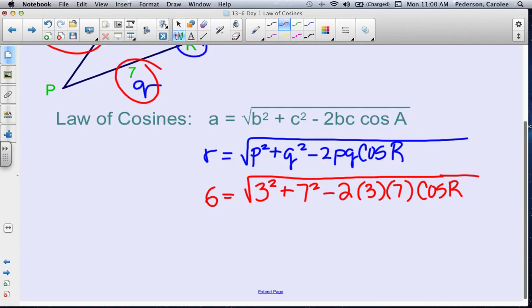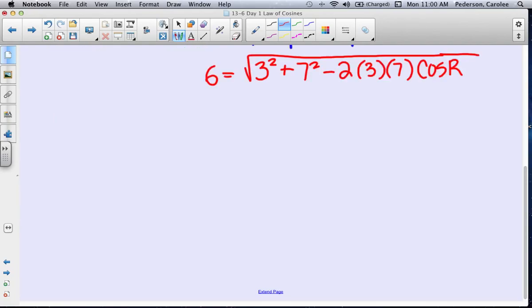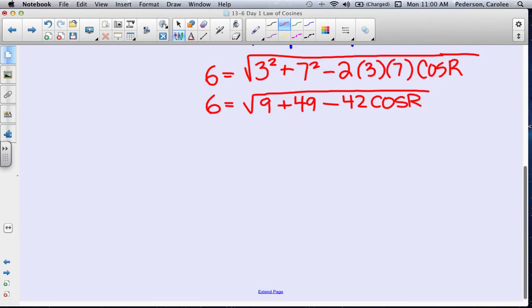Now we're going to go ahead and solve this for the cosine of R, so we have some simplifying to do in this radical. So 3 times 3 is 9. 7 times 7 is 49. 2 times 3 times 7 is 42. Cosine of R. Then we'll combine like terms underneath that radical. 9 plus 49 is 58. Minus 42 cosine of R.